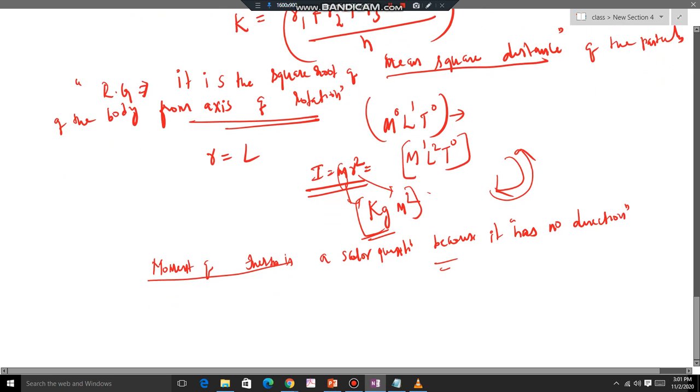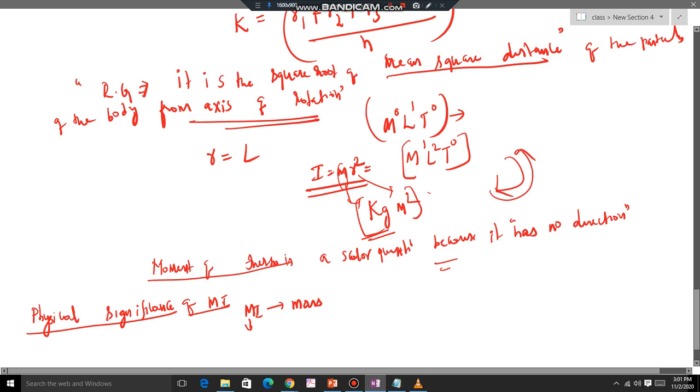Now, once you know this moment of inertia, let us try to understand its physical significance. Moment of inertia is analogous to mass.